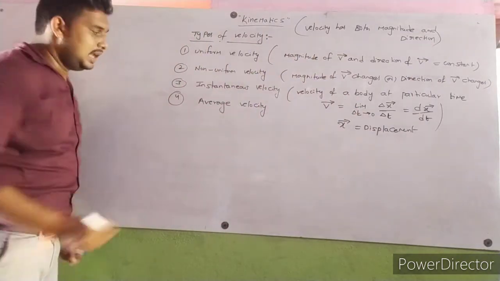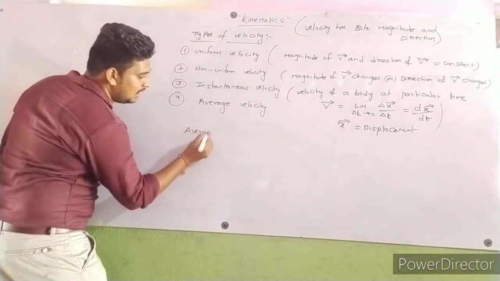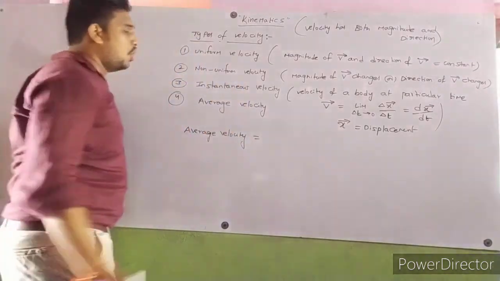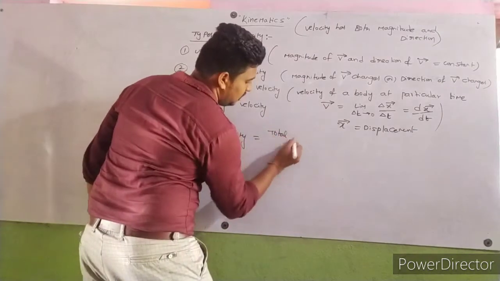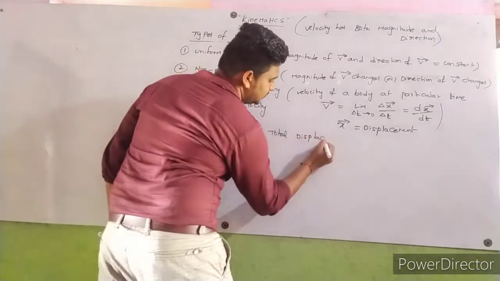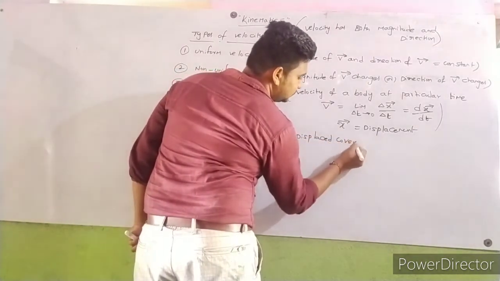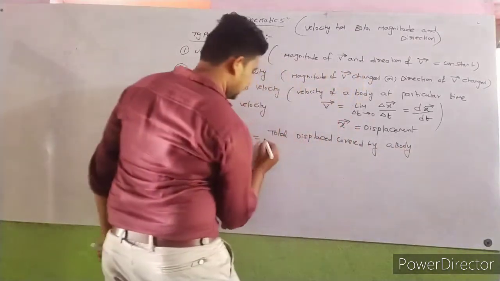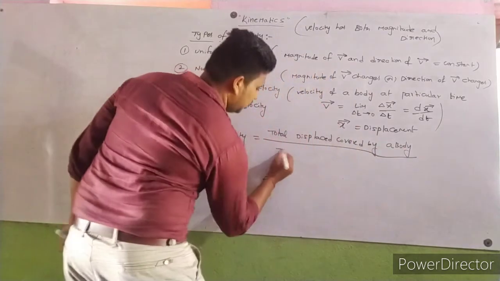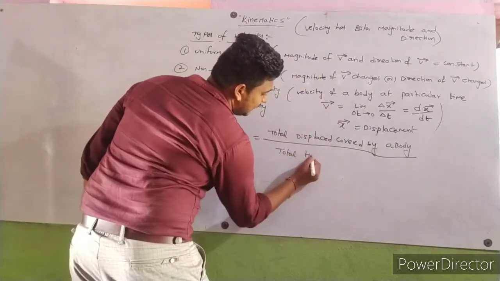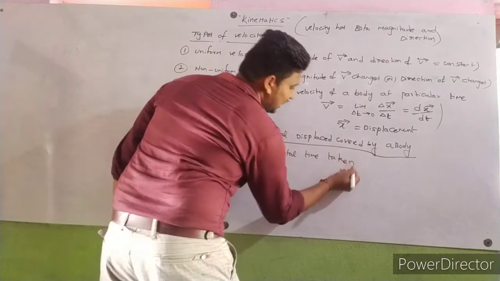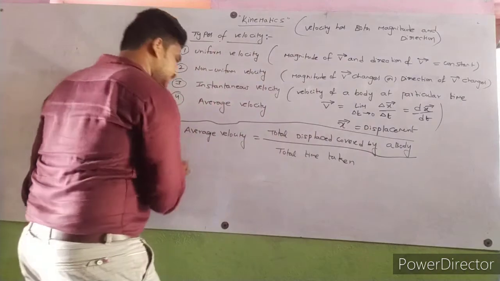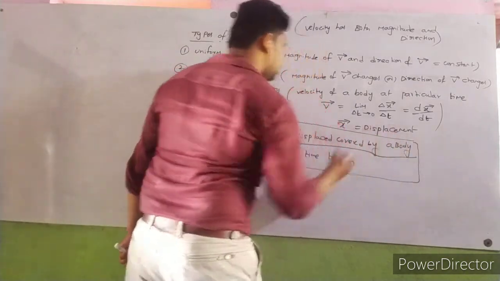Average velocity is nothing but total displacement covered by a body by total time taken.